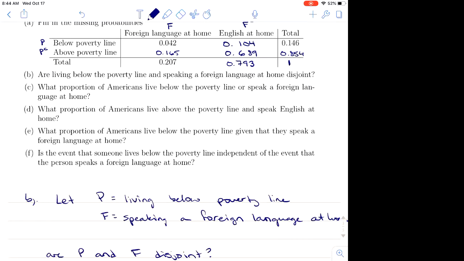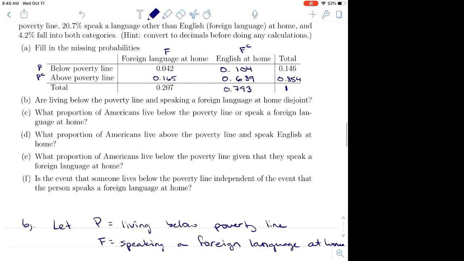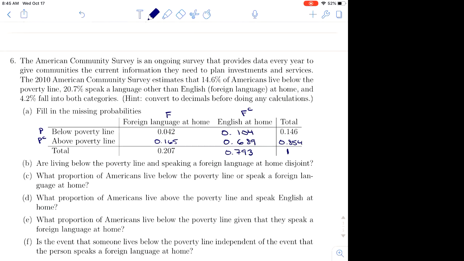What proportion of Americans live below the poverty line, given that they speak a foreign language at home? So, if we know that they have to speak a foreign language at home, I'll just scroll down here, if I can reach. So they have to speak a foreign language at home. Right? So the total is going to be this 0.207, because that's given to us.